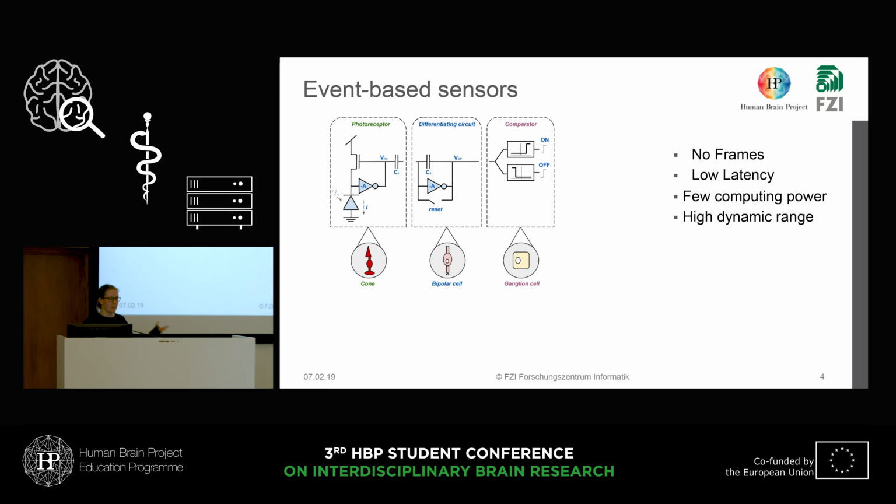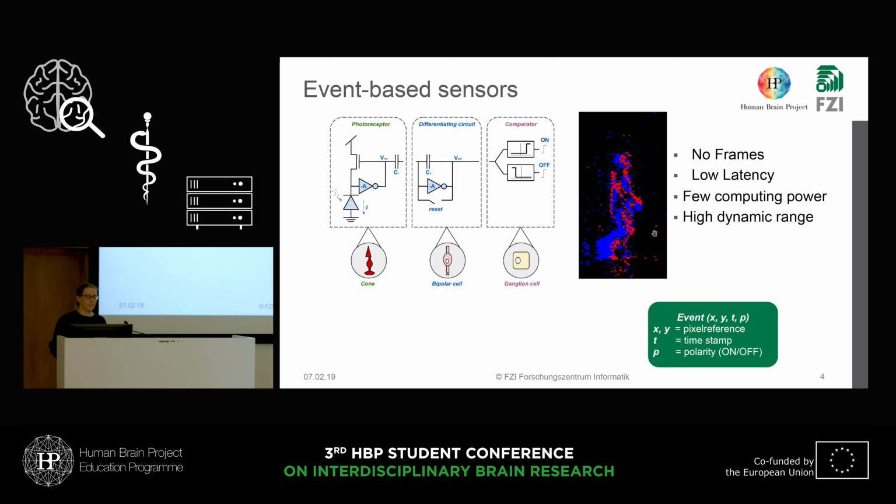They transmit pictures synchronously, which leads to a lot of redundancy. We don't do that. One example of event-based sensors is the DVS, which in all its components is modeled after retinal cells, like the photoreceptor part modeled after the cone.